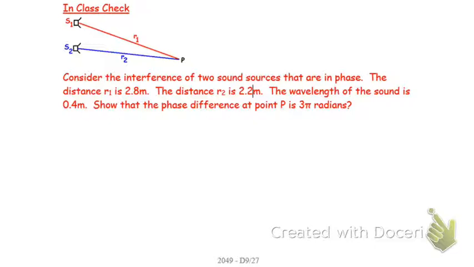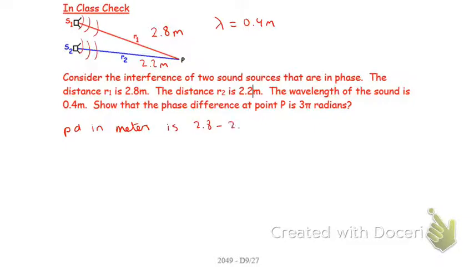So the interference of two sound waves that are in phase. They're not always going to be in phase, but I'm starting off with them in phase. This is 2.8 meters, and this is 2.2 meters. And the wavelength is equal to 0.4 meters. So my path difference in meters is 2.8 minus 2.2, which equals 0.6 meters.